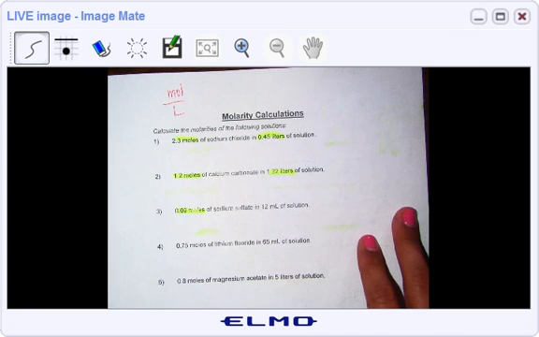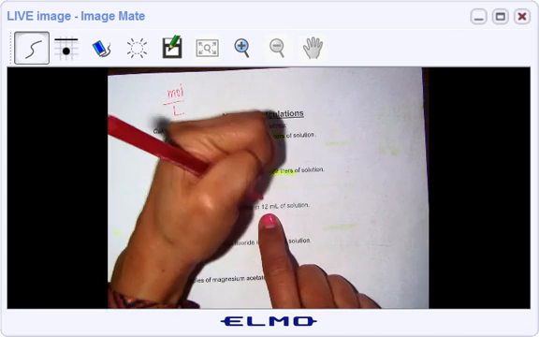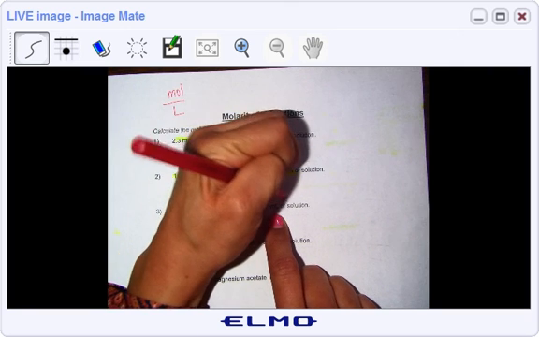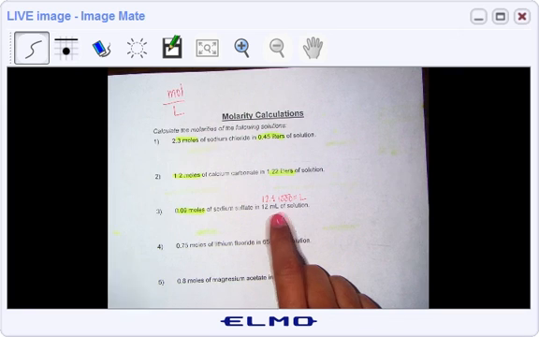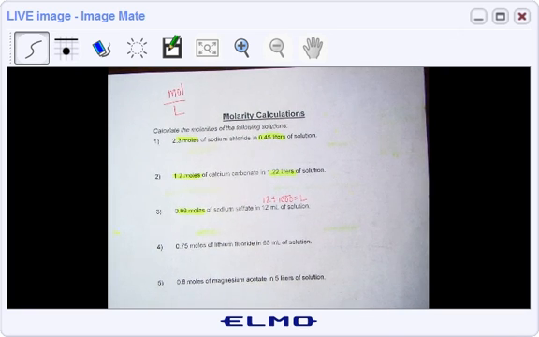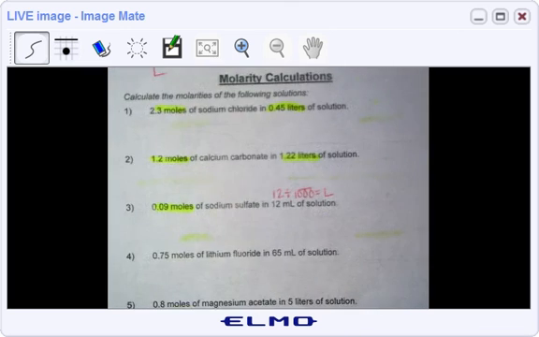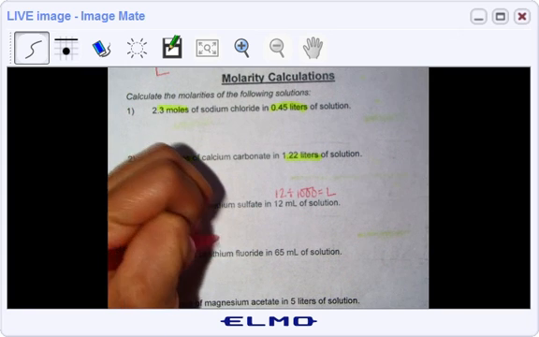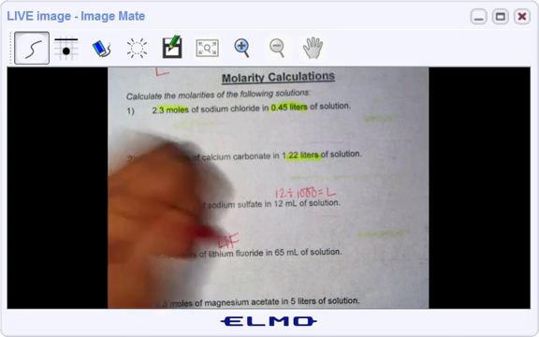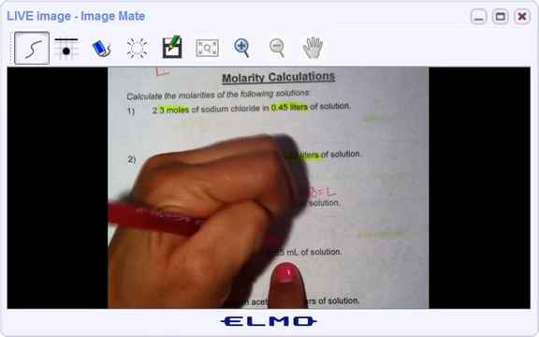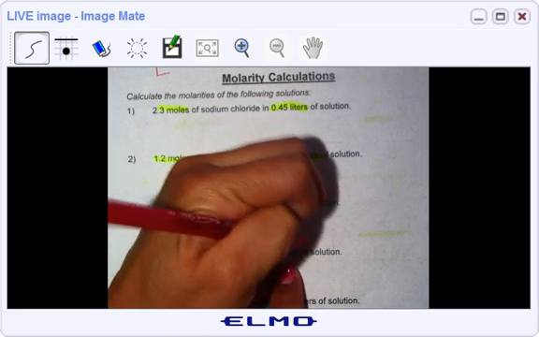For number 3, you just take 12 divided by 1,000 because it's milliliters. And then you're done with that one after you work that out. Zoom in a little bit. For number 4, lithium fluoride is LiF. For milliliters, 65 divided by 1,000.